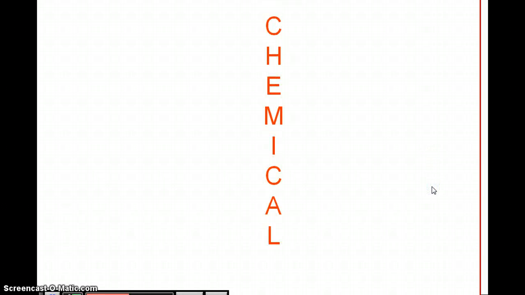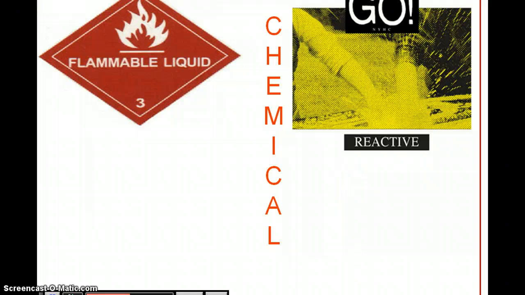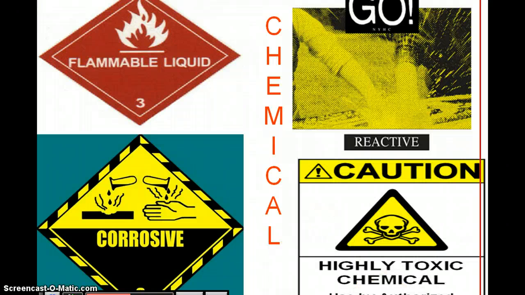So there's three main groups, okay? Chemical, and we already talked about this a little bit. Chemical hazards can be flammable liquids, reactive substances, corrosive substances, and toxic. So flammable, you'll see things like may ignite.